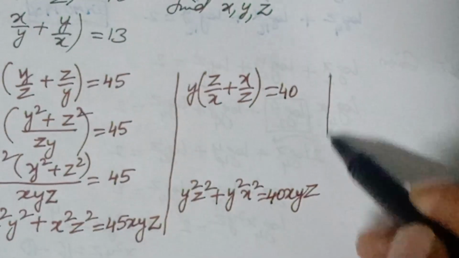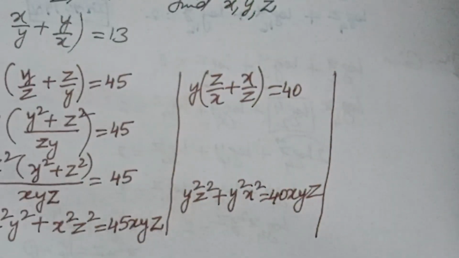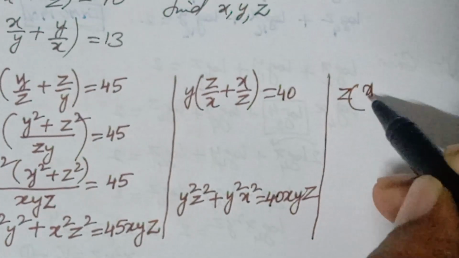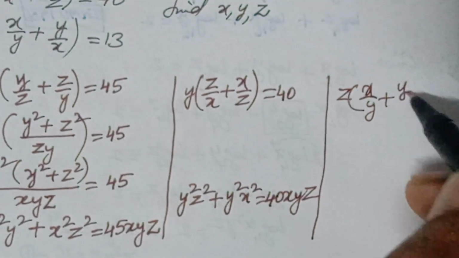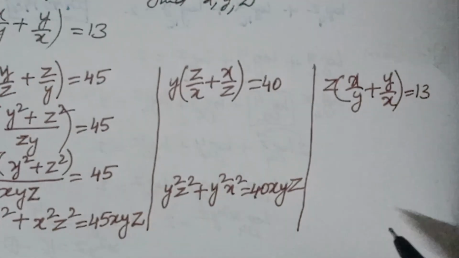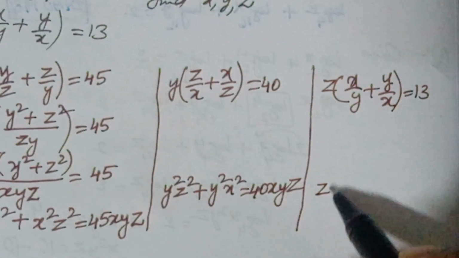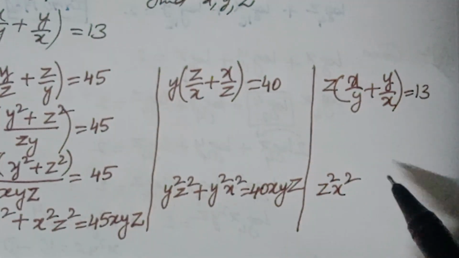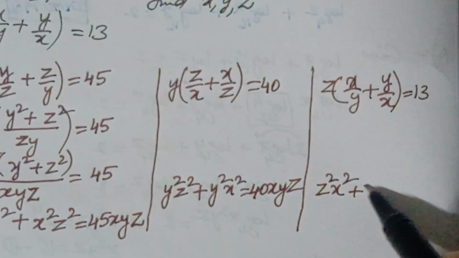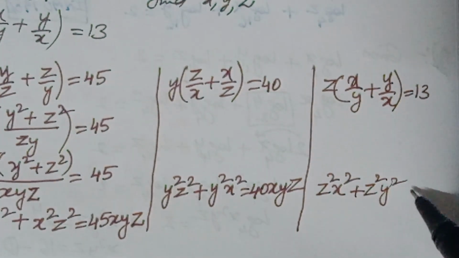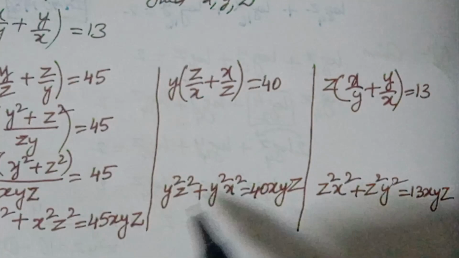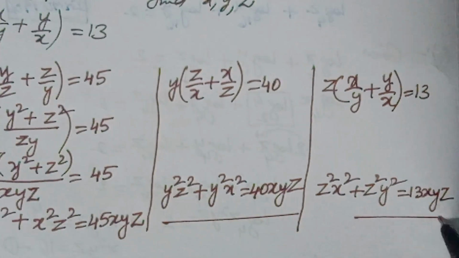In the same way, the third one: z into (x by y plus y by x) is equal to 13. Multiplying z in numerator and denominator, you will get z square x square plus z square y square is equal to 13 xyz. So these are the values we are getting.